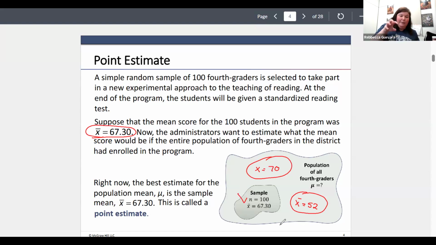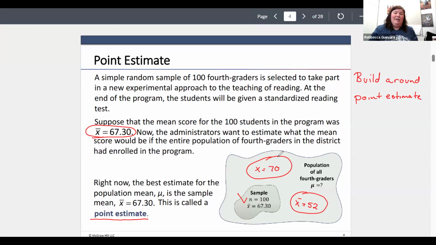So for our sample, the mean was 67.3, and we call that a point estimate. The idea of a point estimate is that this is the spot that we're going to build around. Even though we're building around our point estimate, there is a possibility that we get other means for samples, like 70, 52, maybe, and that there's going to be a variety.